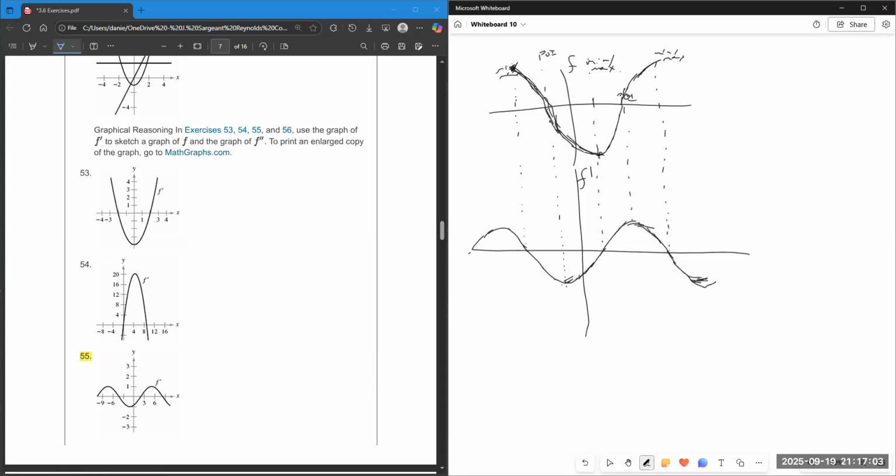It looks like a sinusoidal graph. Again, that's kind of awful looking.